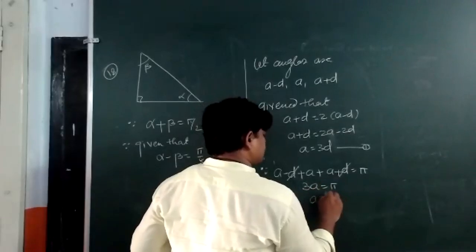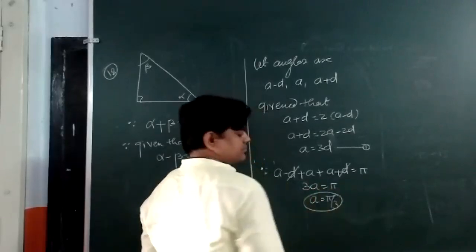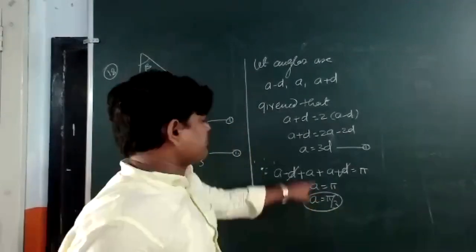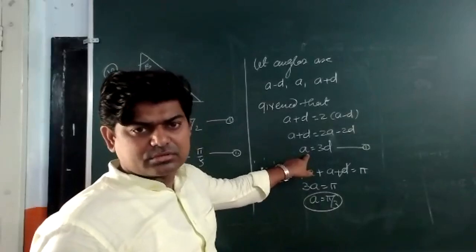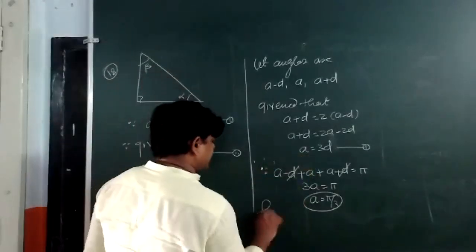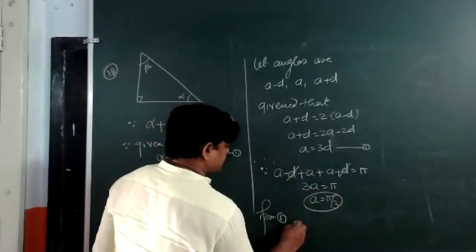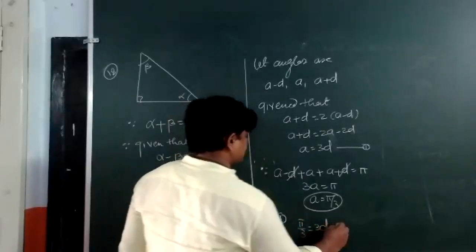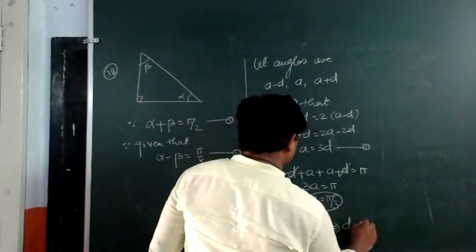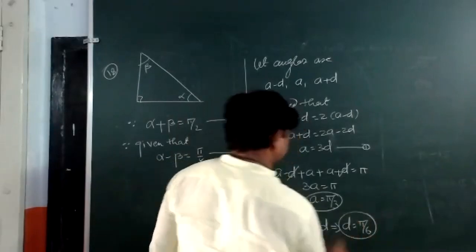So A is equal to pi by 3. When I substitute the value of A, we will get D also. From 1, A is pi by 3 is equal to 3D. This implies that D is equal to pi by 6.